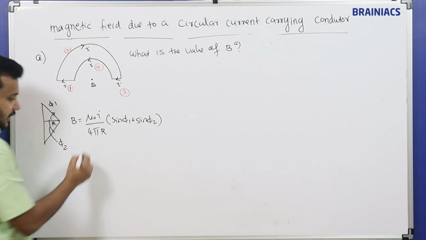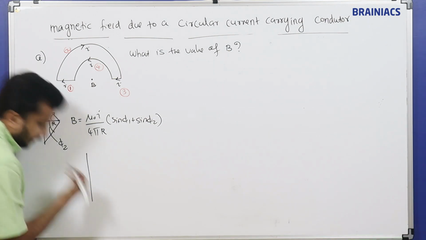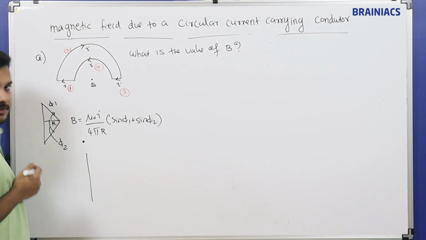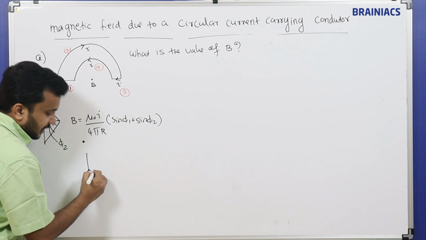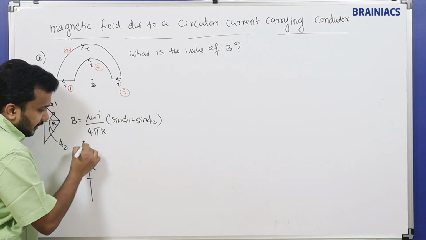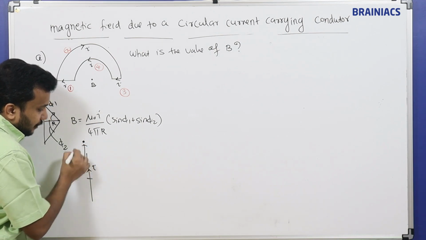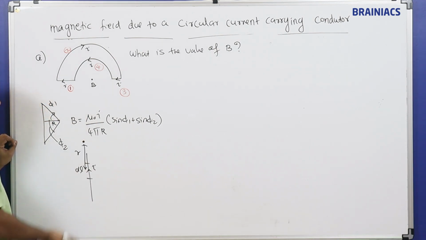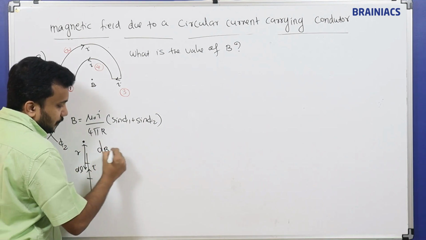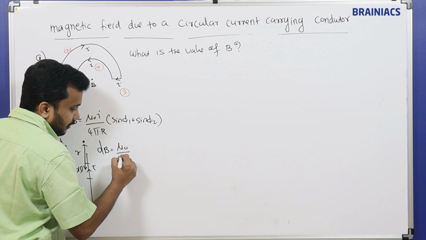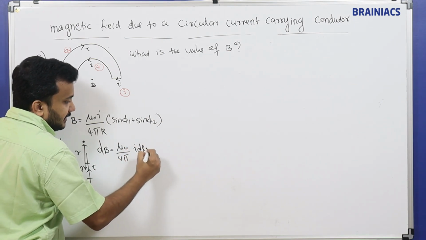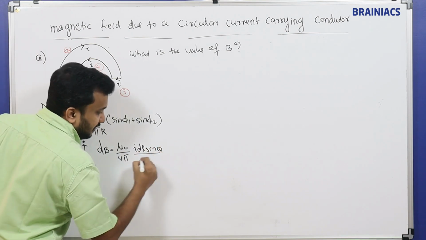Now if you have a conductor and I am going to find the magnetic field along the line of the conductor, we already discussed this one. This is called I and this is called dl, and you are calculating r from the center of dl. So I dl and r are in the same direction. If you apply Biot-Savart's law, dB equals mu 0 by 4 pi into I dl sin theta divided by r square.